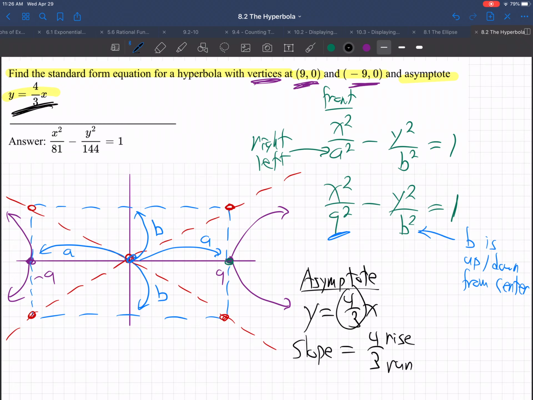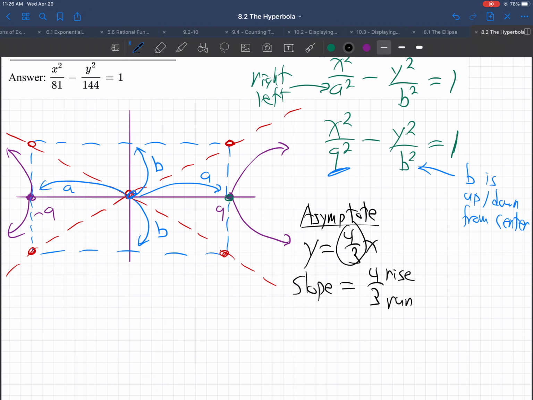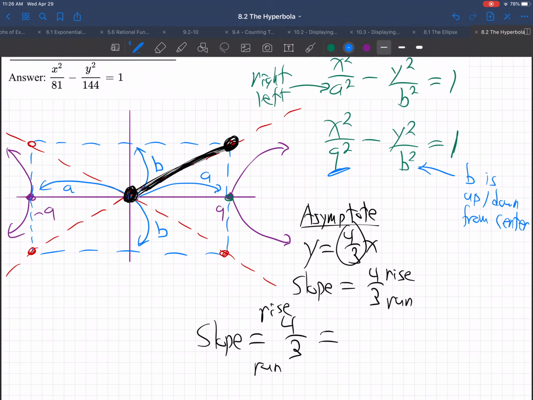So for the asymptote line, the rise over run is 4/3. Does that make sense? From here to here is a piece of the asymptote line, isn't it? 4/3 is the slope of that asymptote line, rise over run. But notice what else that equals.